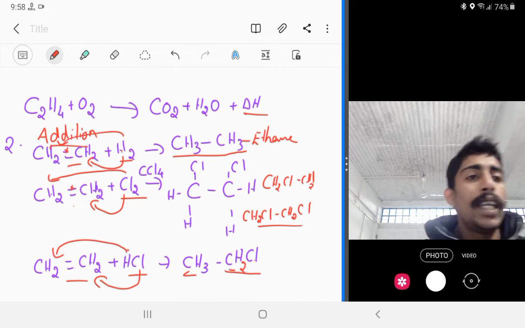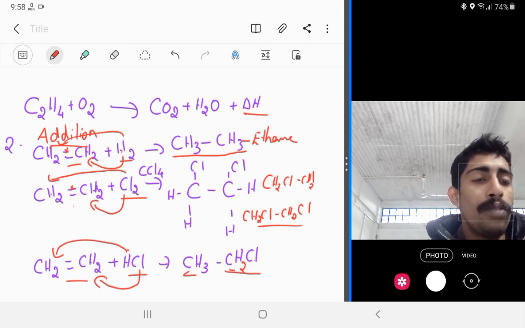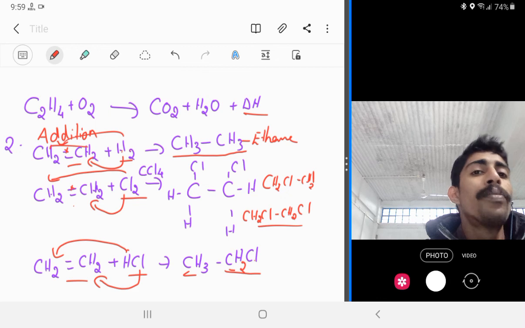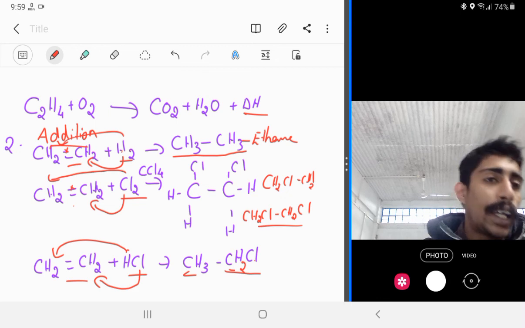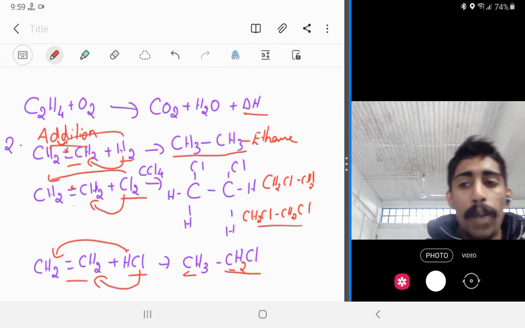If you add any element to ethene, it becomes a single bond compound, an alkane. We always have to keep that in mind. Addition reaction is only for alkenes and alkynes, and when we add any elements to an alkene, it becomes an alkane with a single bond.